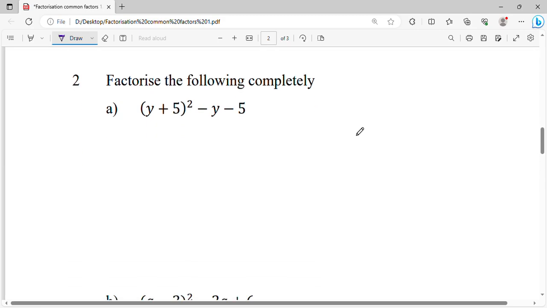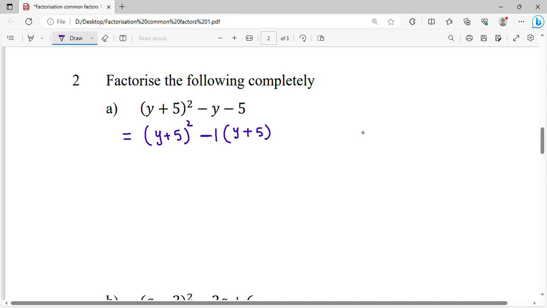Okay, look at this. Hey, what am I supposed to do? Basically, I'm just going to leave the first term, y plus 5 the whole squared. Now if you look here, there's a minus 1 common. If there's nothing common, 1 is always a common factor of anything. It becomes y plus 5.